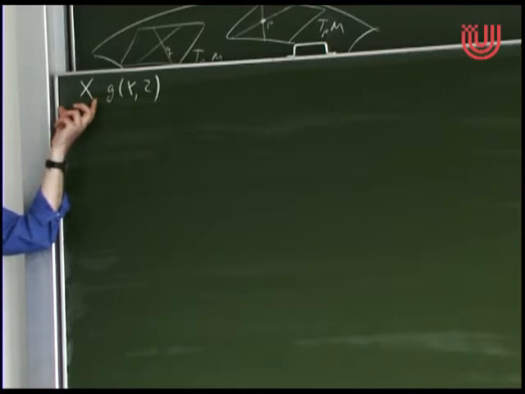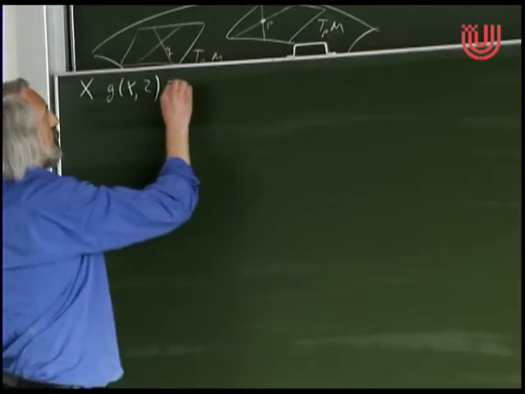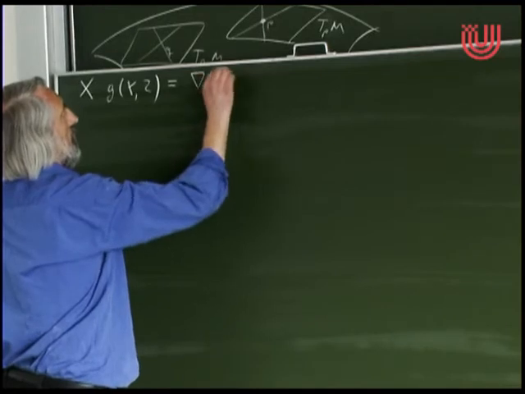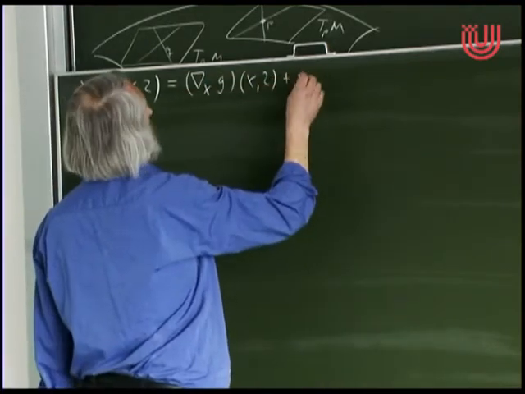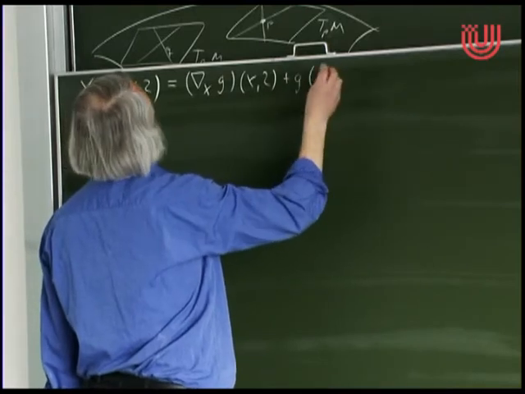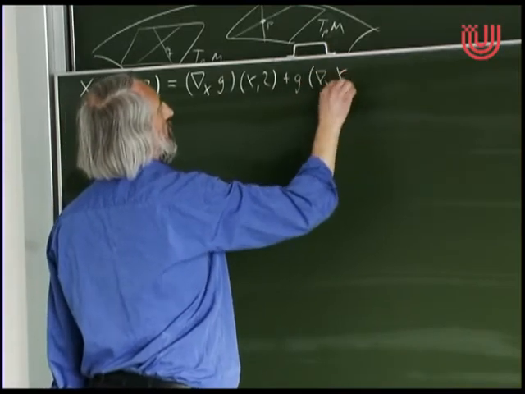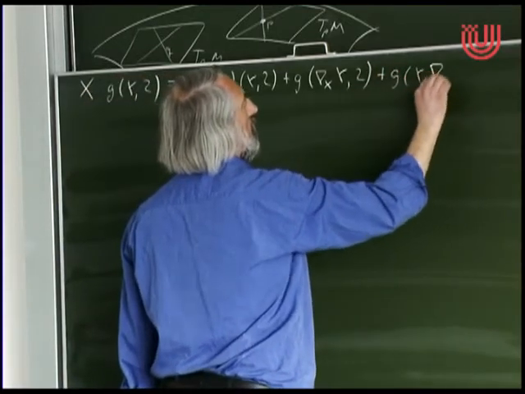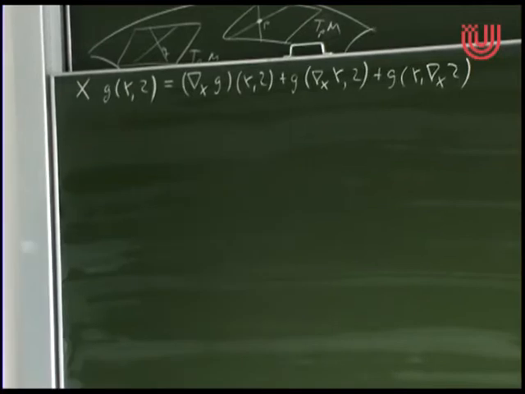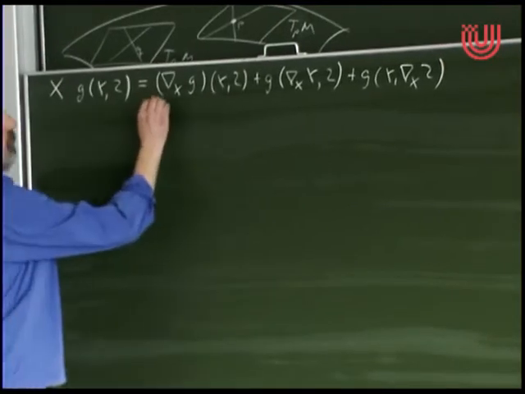And now I use the product rule. So this is, if I write it out, del x g of yz plus g del x y z plus g y del x z. Okay? And now this is 0 by assumption.